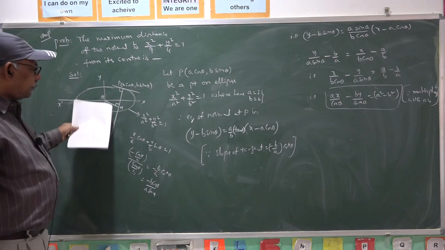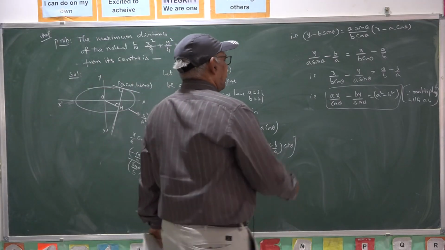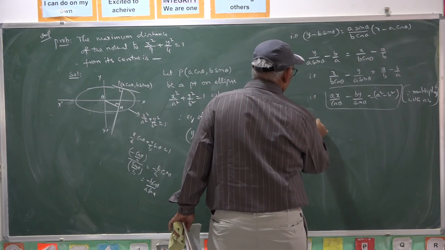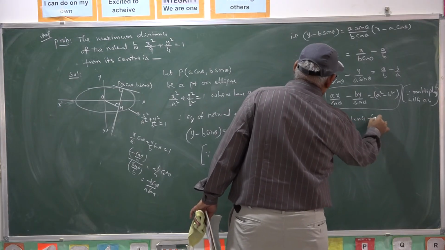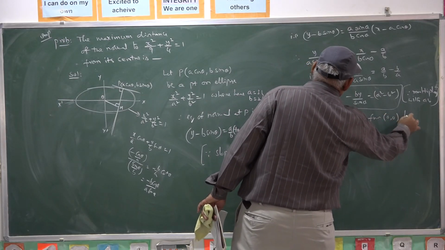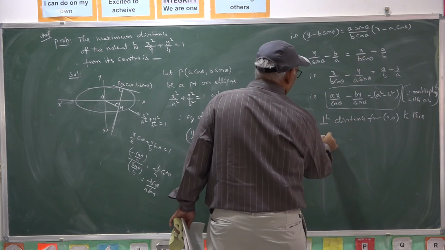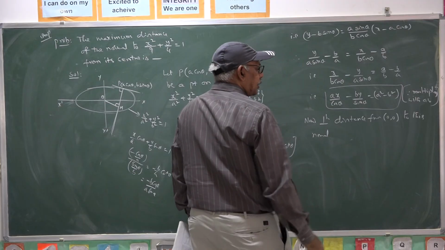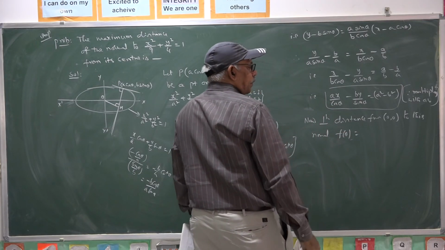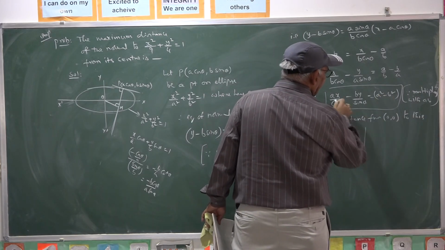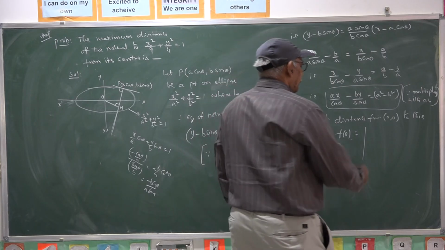Now, the perpendicular distance from 0, 0 to this normal. It is a function of theta, f of theta, equal to modulus of c by root of x coefficient square plus y coefficient square.